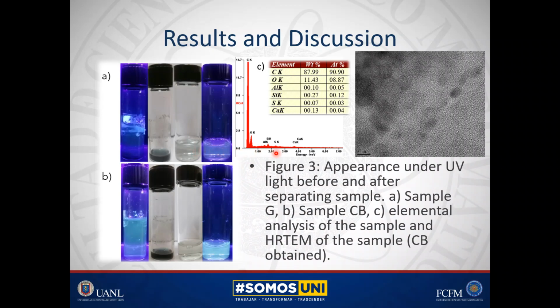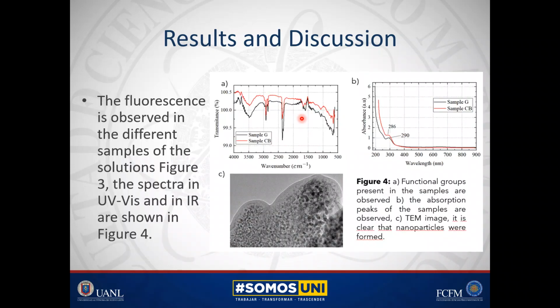We can also see after centrifugation that our samples present fluorescence under UV light, and we can see an elemental analysis of the sample, which, as we can see, contains more carbon and oxygen, which was the expected result.